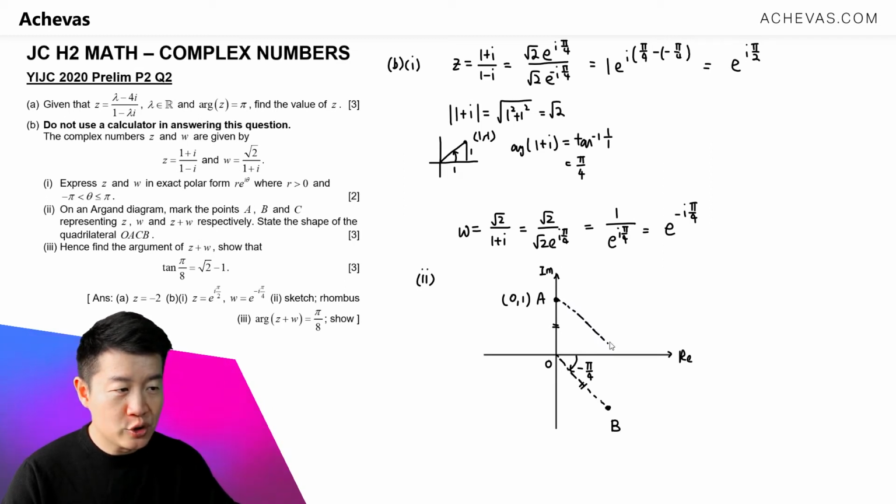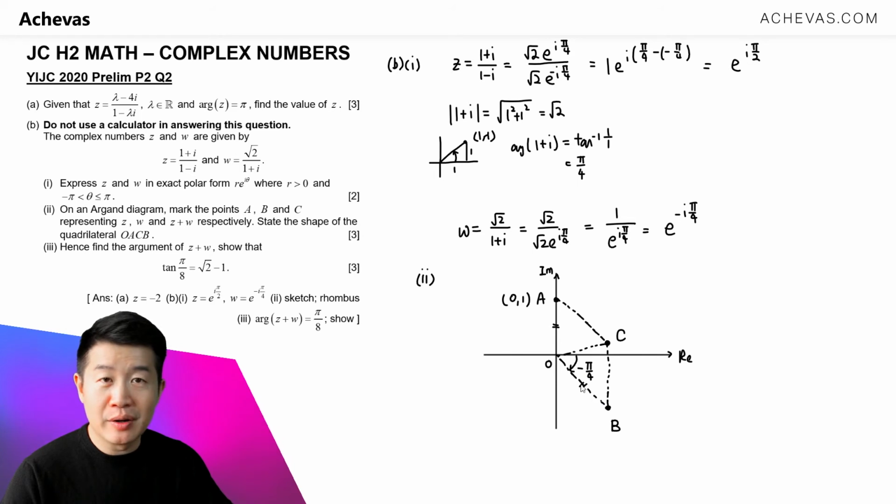And I'm going to draw a line which is going to be parallel to OA. So this will give me a parallelogram. And connecting the diagonal, the end of the diagonal here is going to be point C, which will represent z plus w.